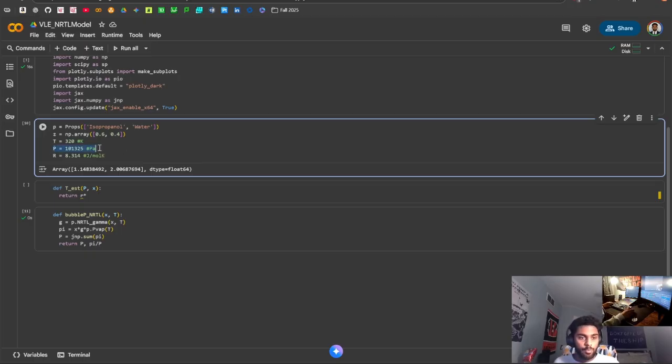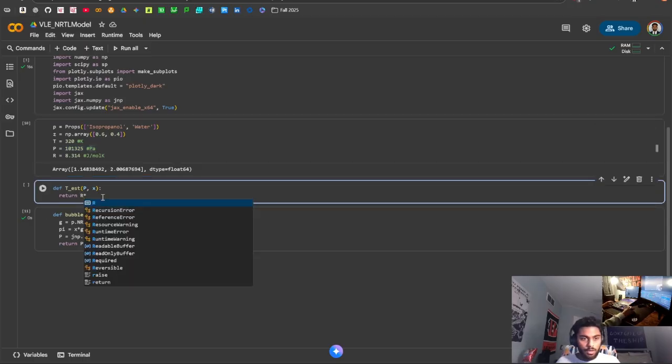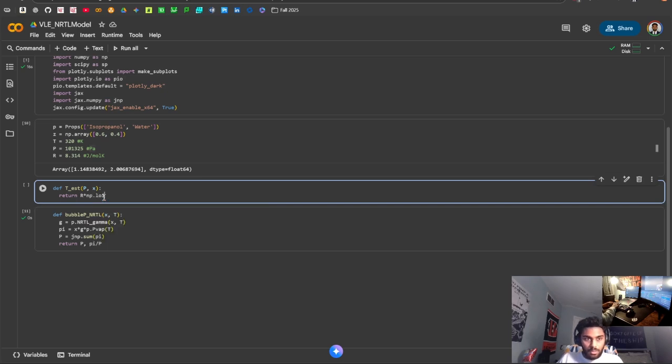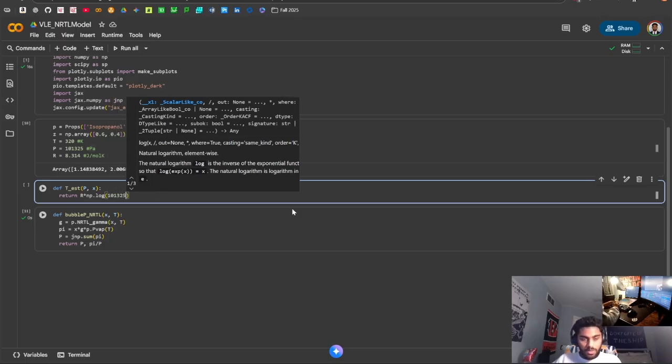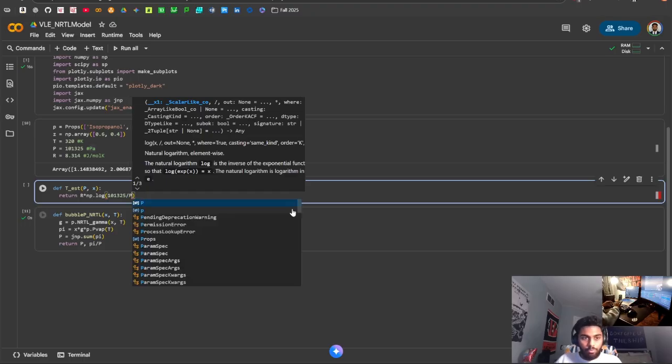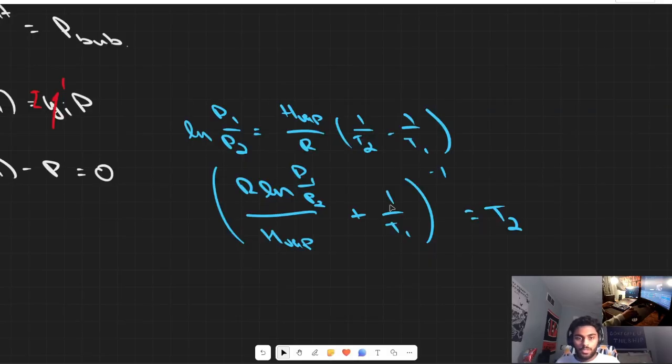I also added in a pressure in between cuts here, and that'll be used in this input. So we have an R times natural log of 101,325, that's going to be in pascals, divided by our pressure, our P2 of interest.